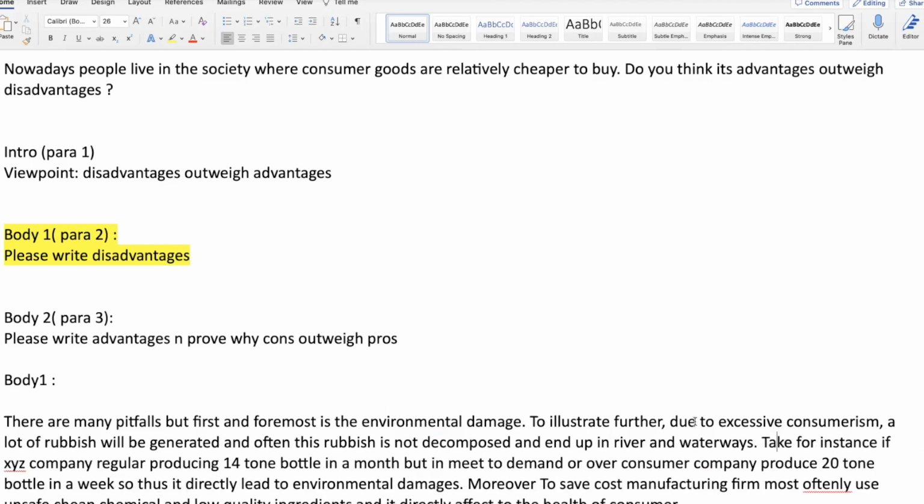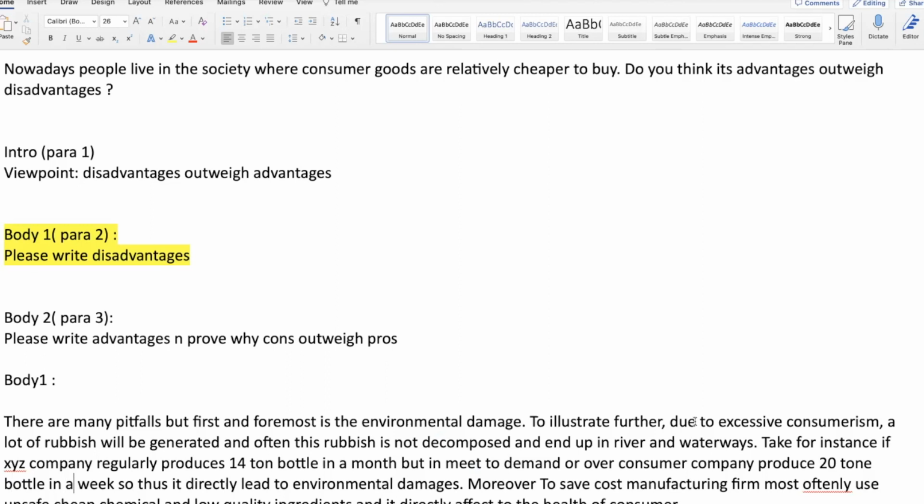Take for instance, if XYZ company regularly produces 14-ton bottles in a month, but to meet the demand or over consumption, the company produced 20-ton bottles.